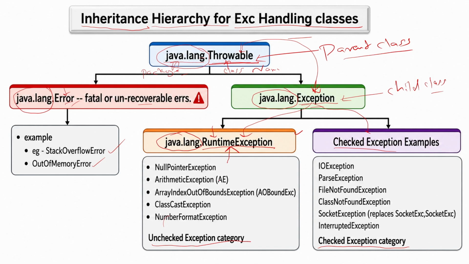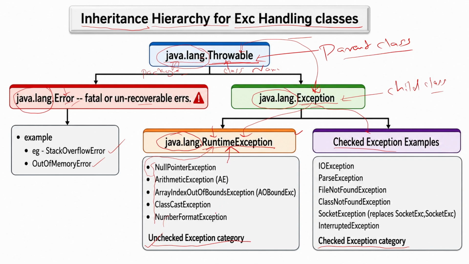So we can have different exception classes. Whatever exception class has RuntimeException as its parent, or in other words, the child classes that are inherited from the RuntimeException class, those child exception classes belong to the unchecked exception category.